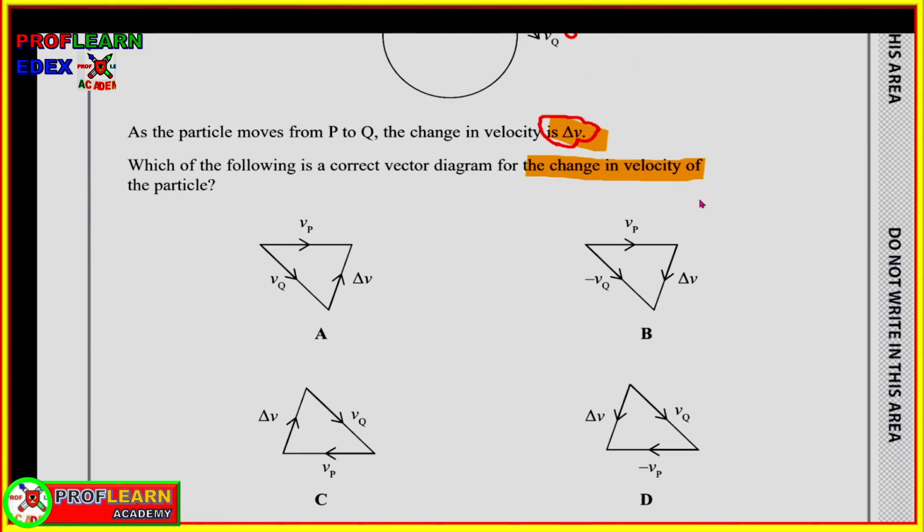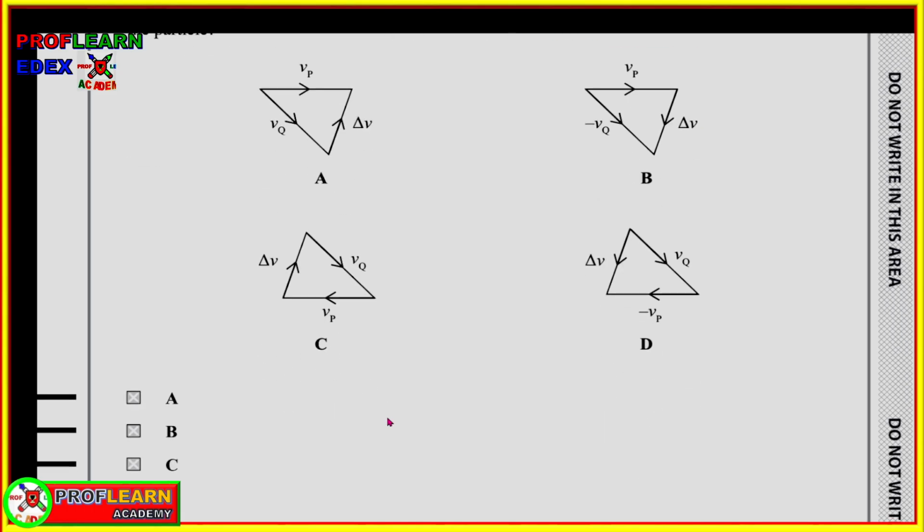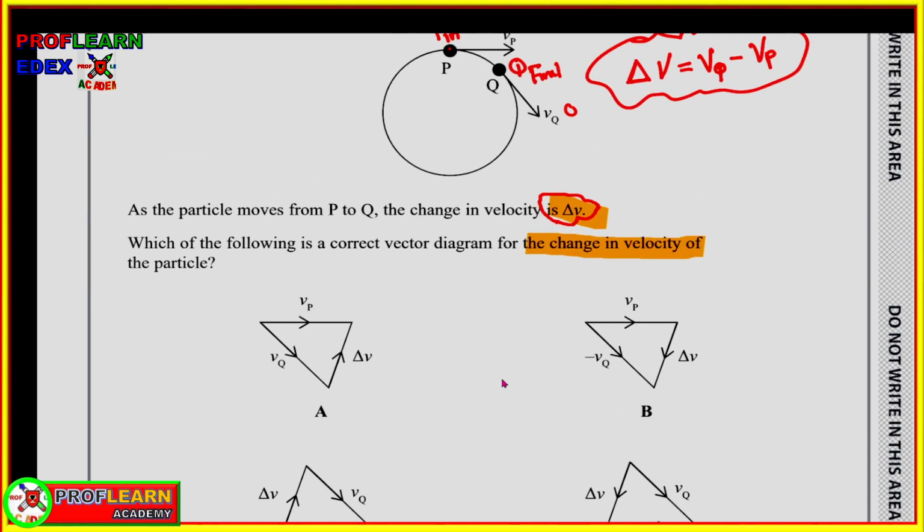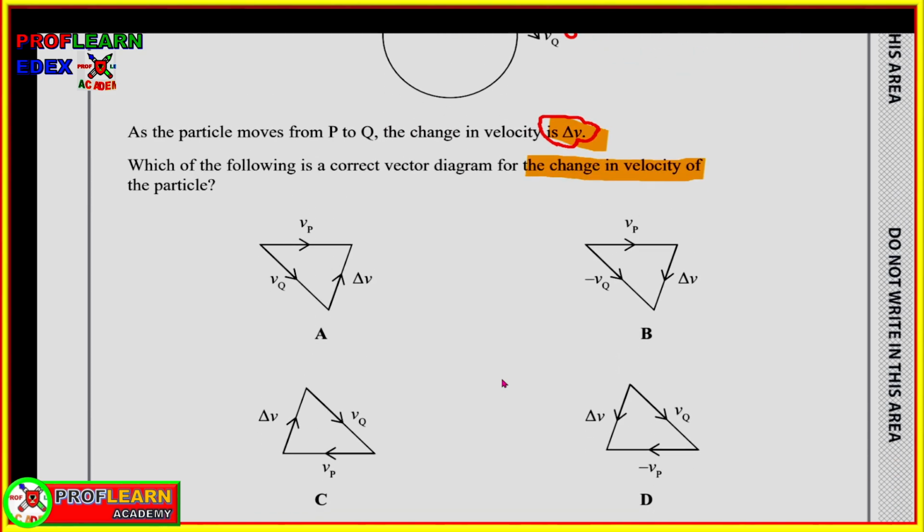So you can see here, the one that has Vp being negative is D. So the correct answer is D in that case.